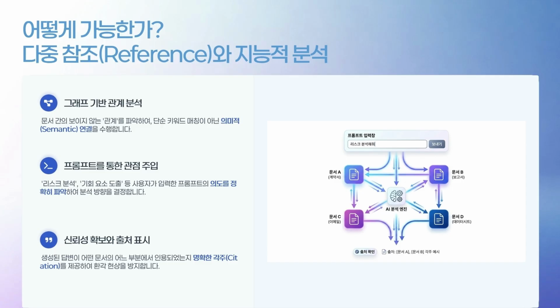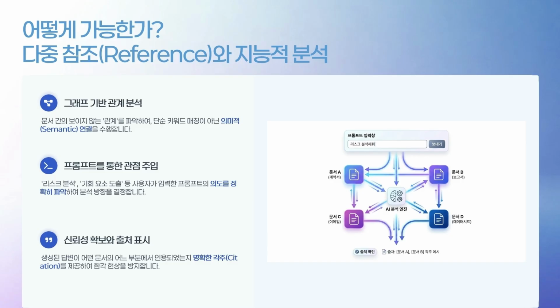We call this semantic indexing. For example, if document A says sales are down and document B says material costs are up, Copilot connects the dots between them. It draws invisible lines between different pieces of information.